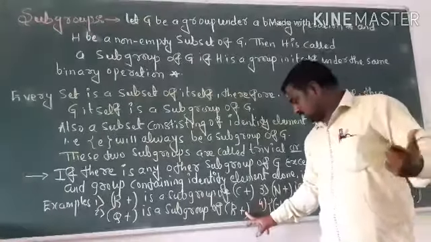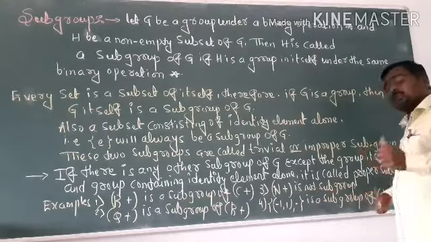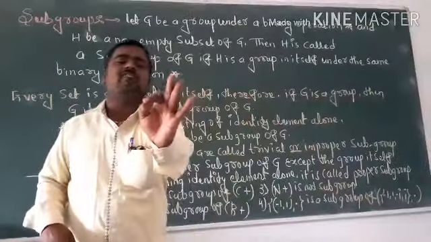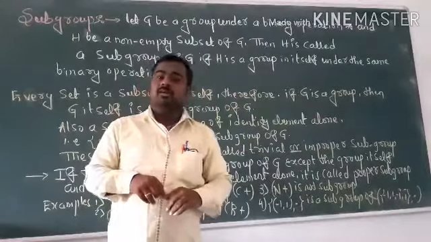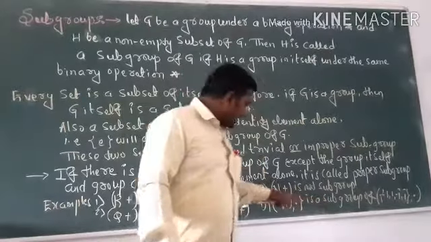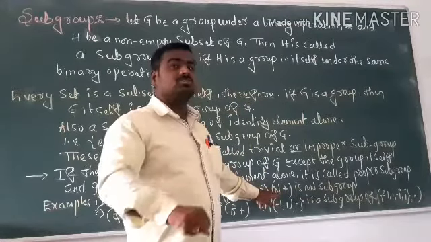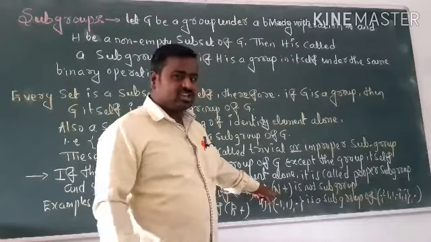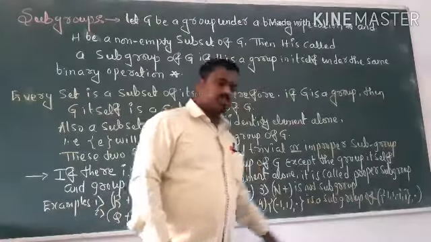Now look at this clearly: N plus is not a subgroup. Why is N plus not a subgroup? It does not have an identity element under addition of natural numbers. You can take W, where zero exists, but the inverse does not exist. Even though you can take integers, the possibilities are there.